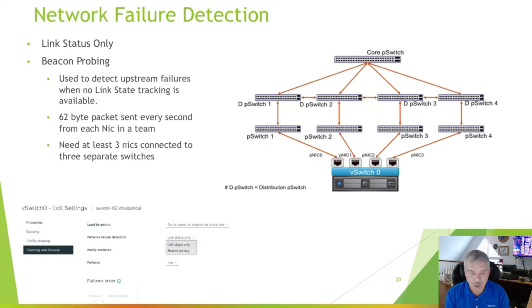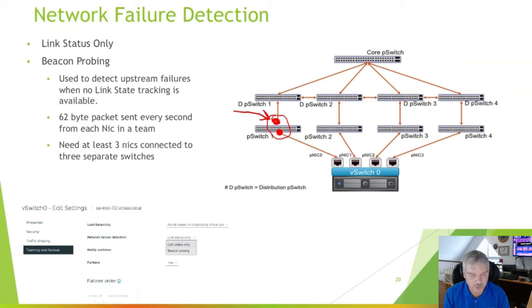Now, there's a thing called link state tracking. It's a feature of a switch. So generally what happens here is you may have this port on the switch, and what you'll do is you'll set this up as a group almost, a link state tracking group.